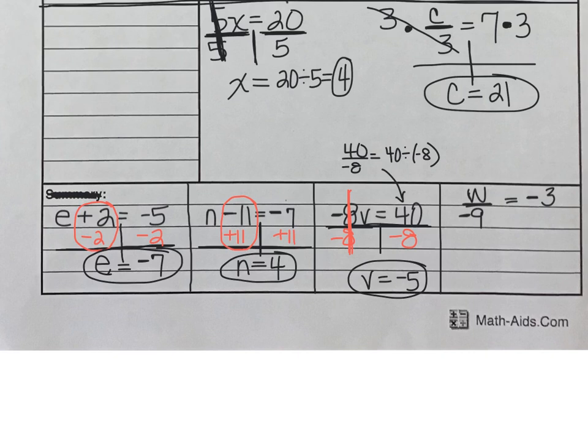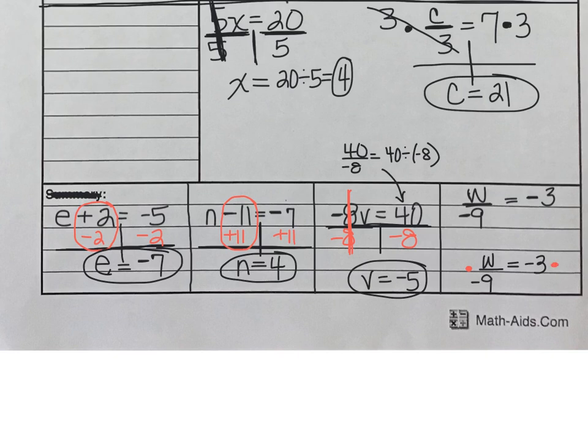In the very last equation, I'm actually going to write this one down again so that you can still see the original equation and understand what I'm doing. I'm going to first undo the division. Undoing the division means I need to multiply on both sides.